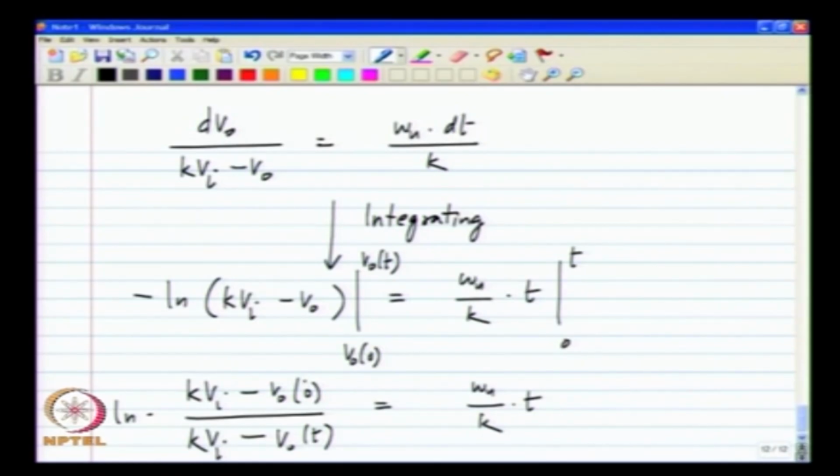Or if I take the reciprocal on the left side, I just negate this one.